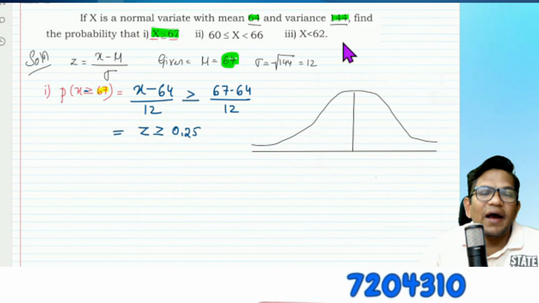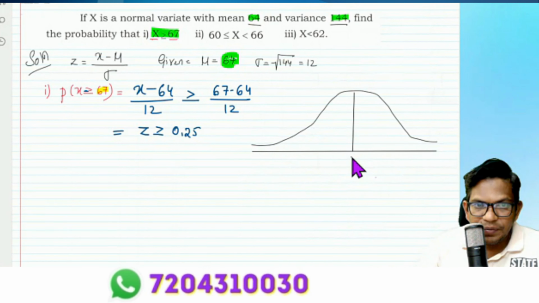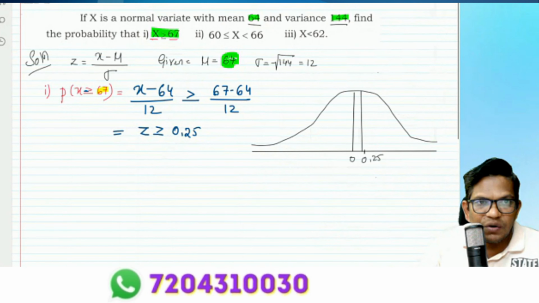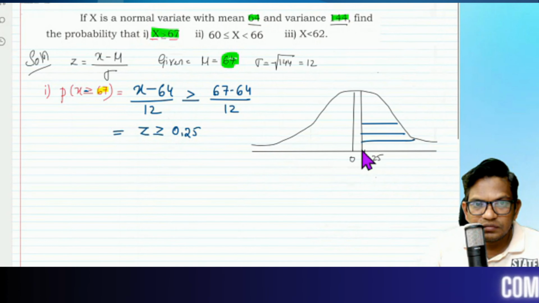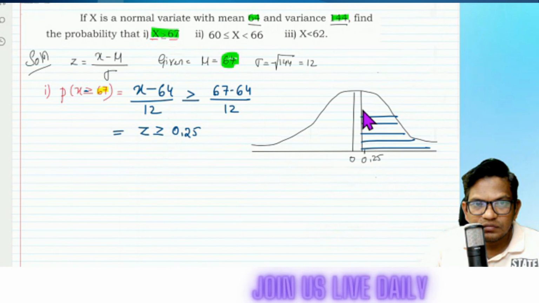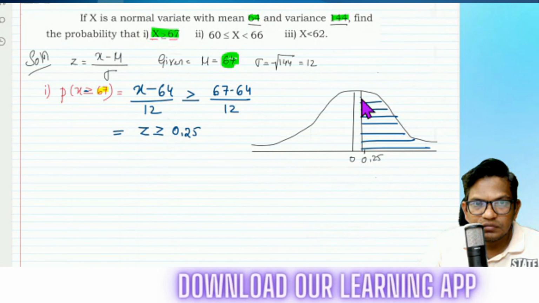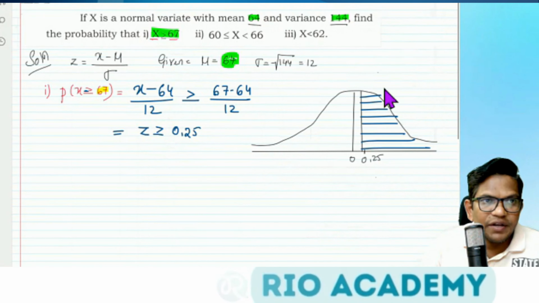This is your 0 point. From here, 0.25. From this, just draw it up. And the sign says greater than or equal to. Correct?